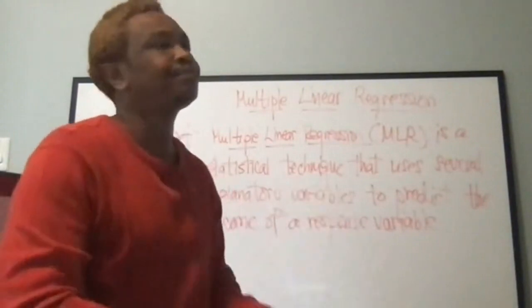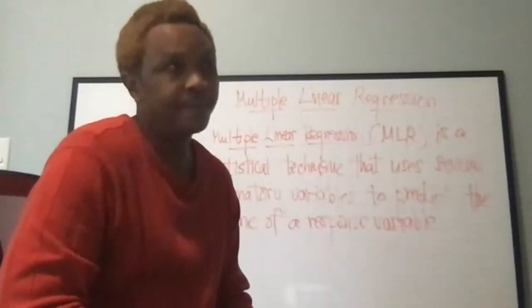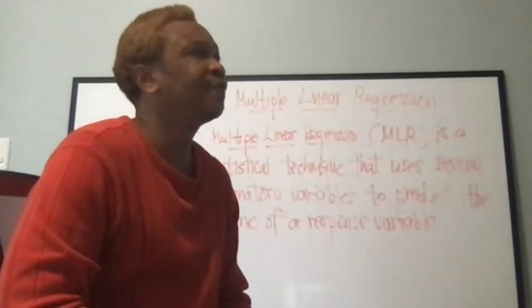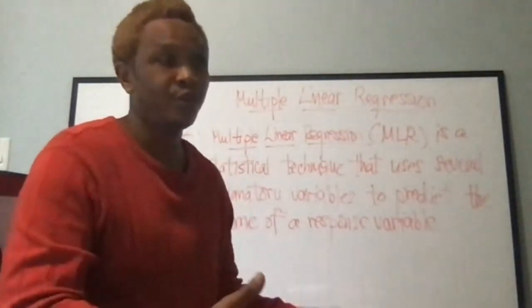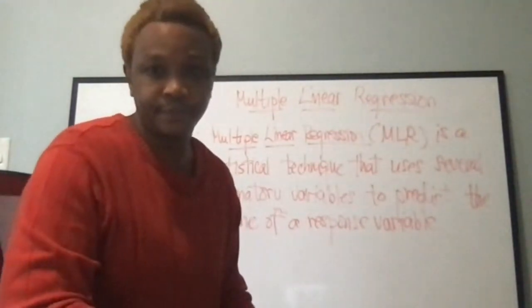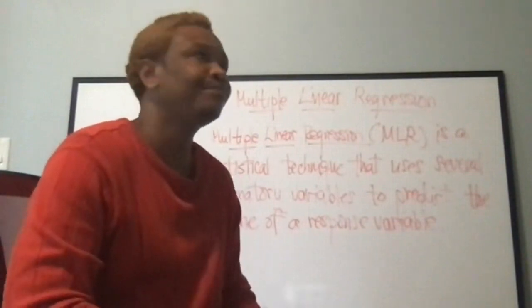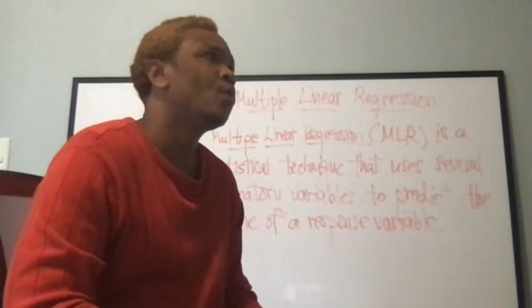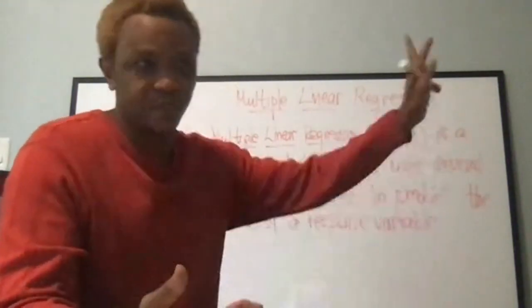For example, let's say I'm trying to lose weight, okay? And you want to look at different things that are contributing to whether you're losing weight or not, right? The Y, in a sense. So let's say Y is pounds lost.